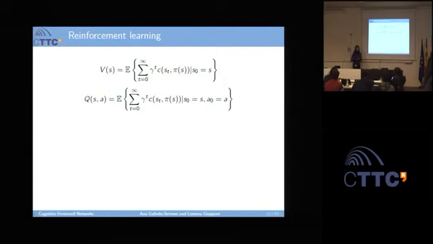So please don't get scared with these equations. I just want to show what reinforcement learning consists of.